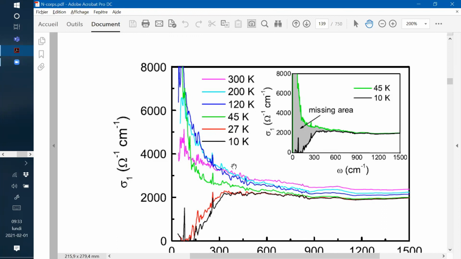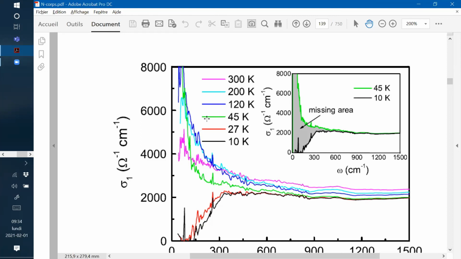temperature. And you see, the delta function that I should see in a metal is spread out because of temperature and so on. That's the Drude way. So this is measured in a nickelate superconductor, but the precise material is not so important for what I want to show.